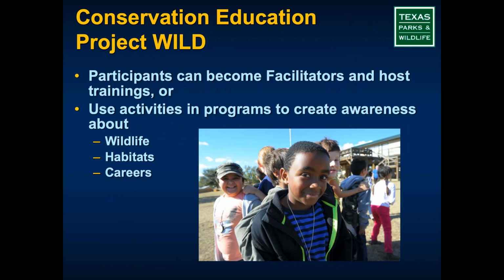Project Wild, as I mentioned, is a suite of programs that are aimed at terrestrial and aquatic wildlife and habitats, and gives people an opportunity to learn more about them in depth. Project Wild is aimed at K through 12 students and is a school-based curriculum, but can be easily used outside of formal learning settings.